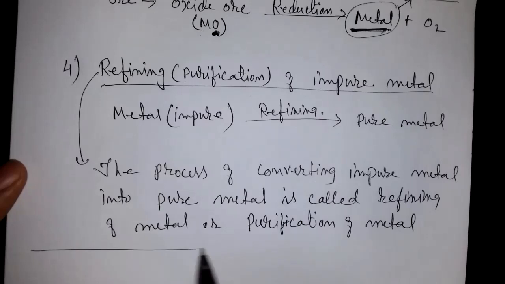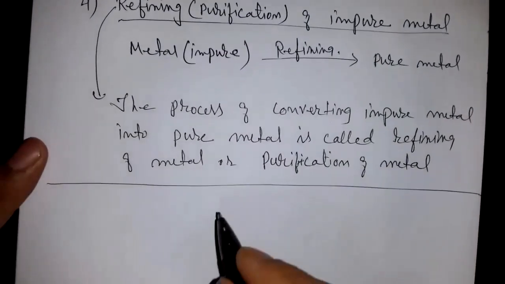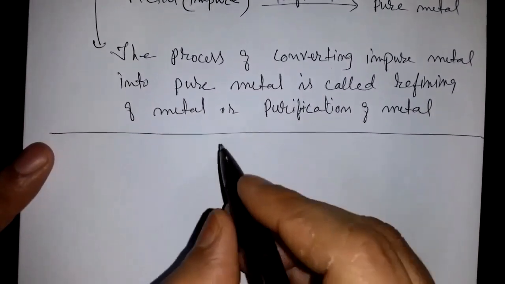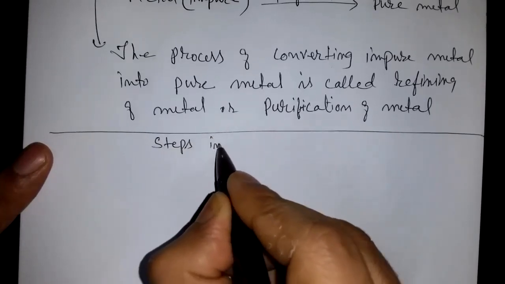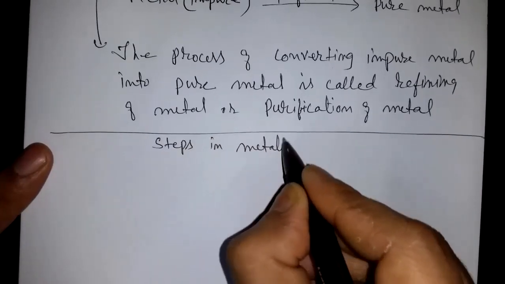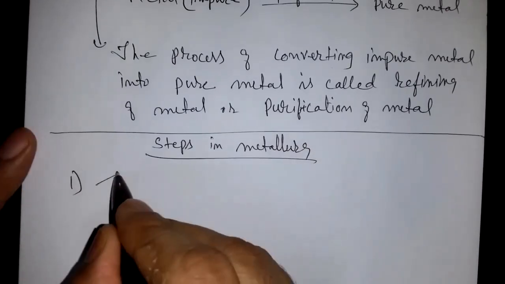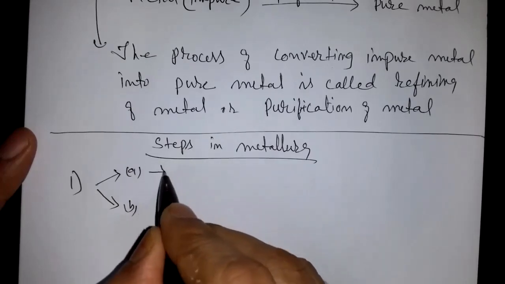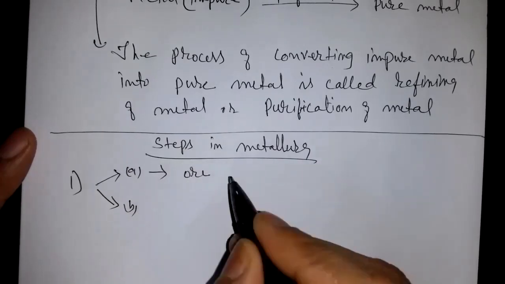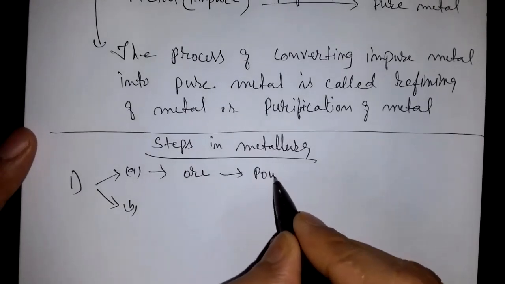Okay, so this is the end of metallurgy. But before we stop, let us just revise all the steps. This one don't copy, just listen only. Steps in metallurgy. In the first step, we'll do two things, A and B. In A, whatever ore is coming after mining will be turned into powder.